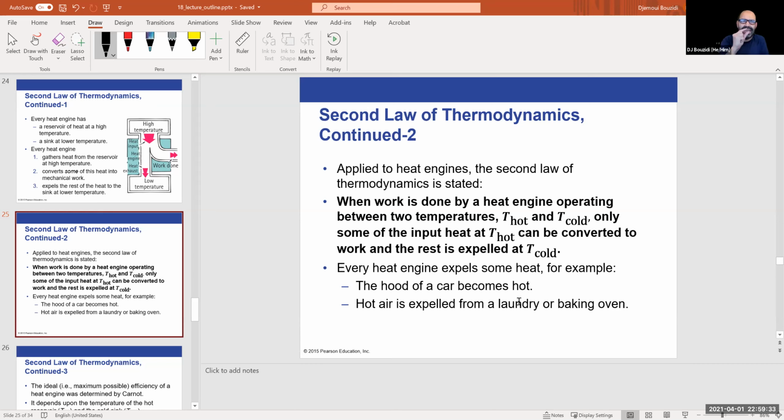Well, if you take that animal by itself, or an object by itself, like for example, the cup of water that you put in the refrigerator, and you ignore the fact that it's dumping heat outside, the cup of water is getting more and more organized. Initially it was atoms moving every which way. Now they are organized. Actually, if you look at the ice, it has a very well organized structure.